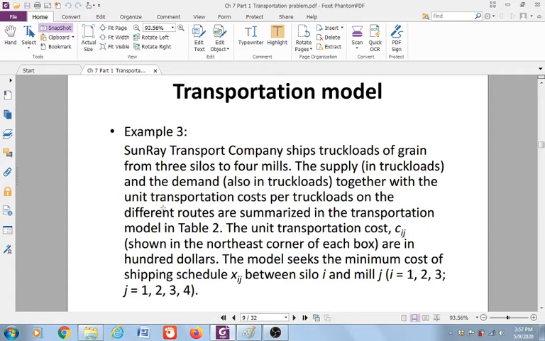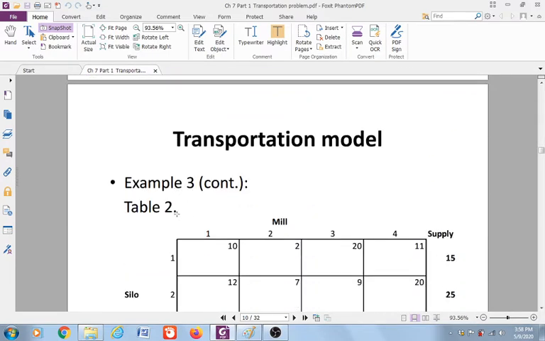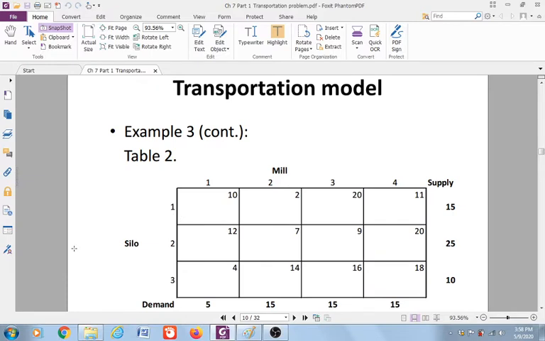The unit transportation cost, the Cij, in the northeast corner of each box, is in $100. The model seeks the minimum cost of shipping between the silo and the mill. So this is the model. We have three sources and four destinations.